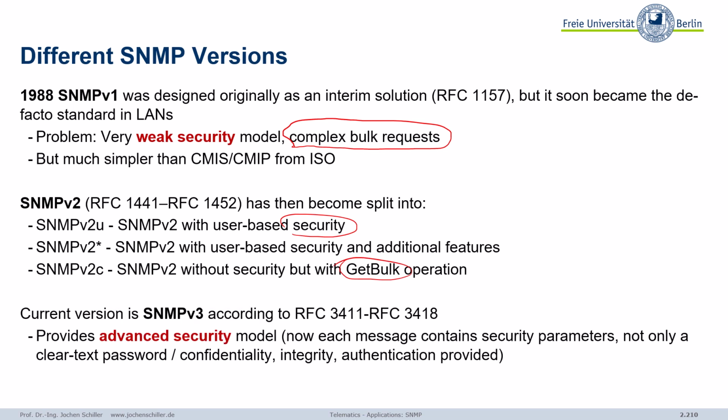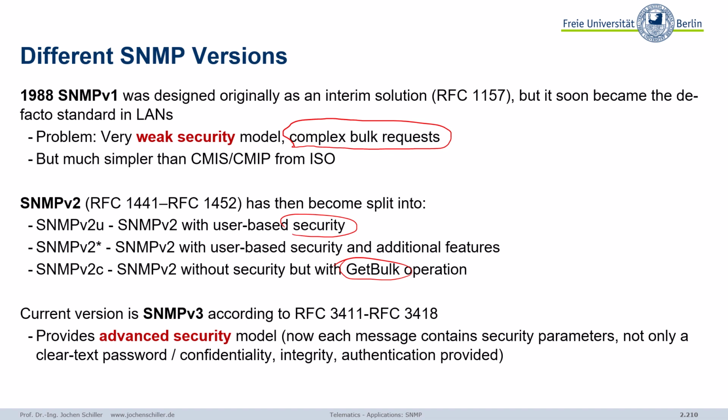The current version is version 3. And here you really have advanced security models, so not only logging in and then you can send your requests. In the old versions, you even had the password in clear text, and all the messages didn't have any security parameters.